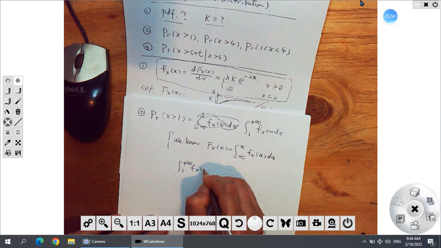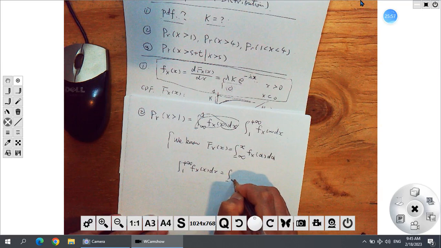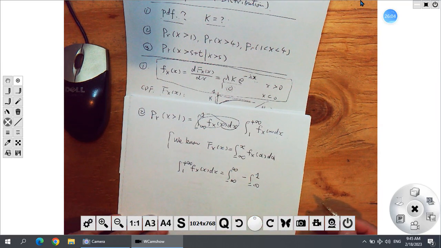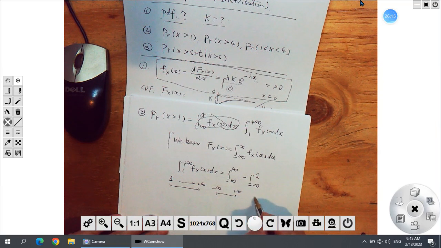The integral of f_X(x) dx from 1 to infinity is the integration from negative infinity to positive infinity minus the integration from negative infinity to 1. Make sense? Use this one, subtract this one, and you get from 1 to infinity.